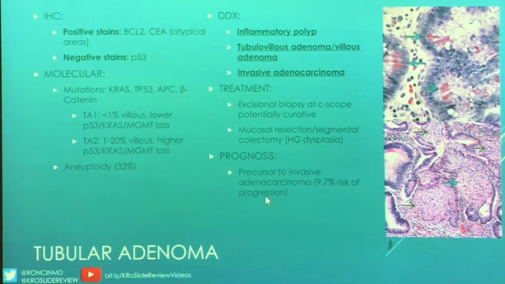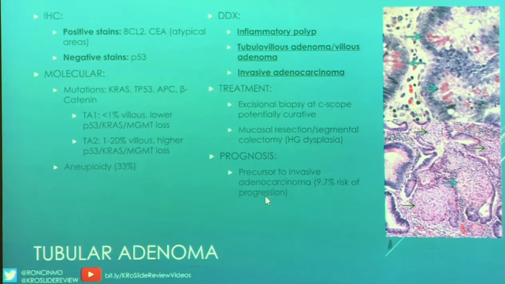So type 1 tend to be basically not villous at all, and they have fewer mutations. And the type 2 are a little more villous, but again, they don't go above that 25%, and they're going to have higher incidence of TP53 mutations, KRAS mutations, as well as MGMT loss.